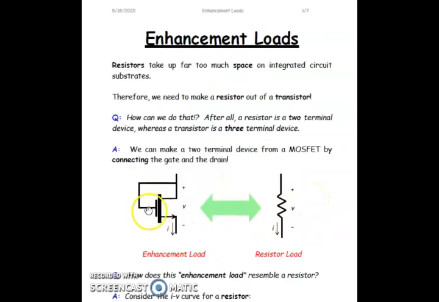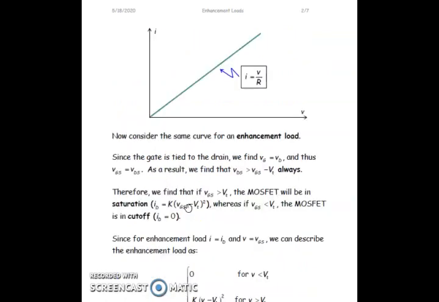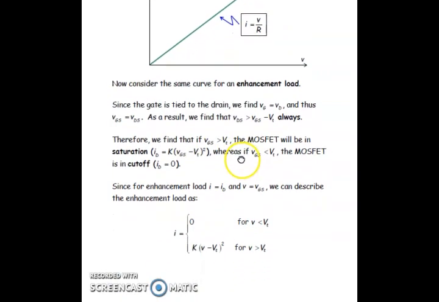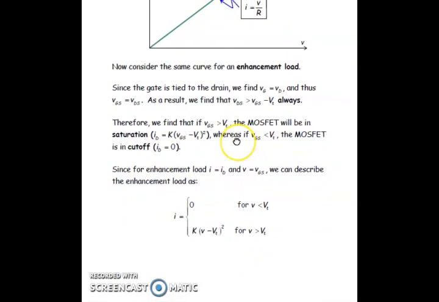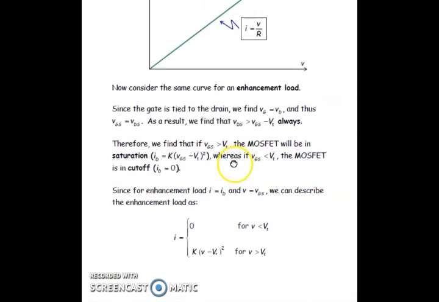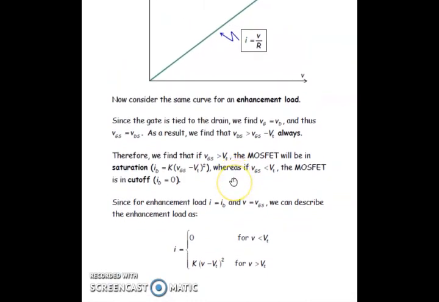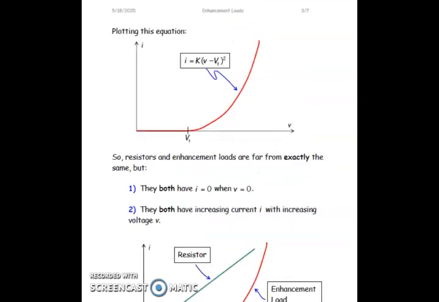Remember here VDS is always greater than or equal to VGS minus VT, so that makes the transistor remain in the saturation region, and that in turn ensures that a constant current is flowing in the MOSFET, thereby making the MOSFET behave as a linear element or almost linear element, something similar to the resistor.